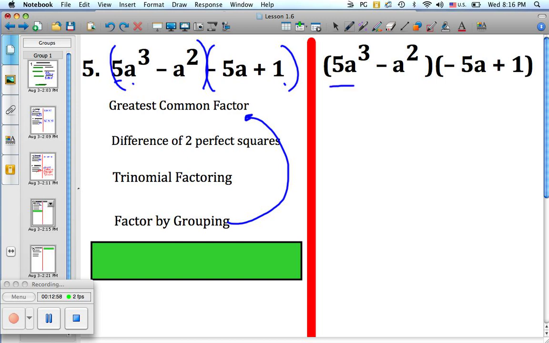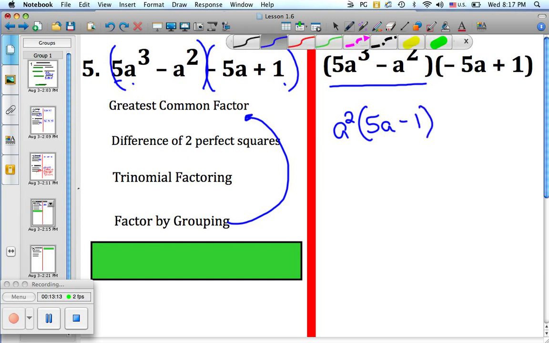Now when I look at this binomial right here, is there a greatest common factor? Yeah, a squared. I'm left with 5a and minus 1 when I pull out an a squared. Right here. Is there a greatest common factor? No. But if you look closely, this is a 5a and this is a minus 1.